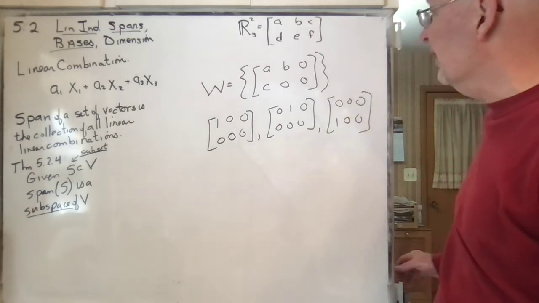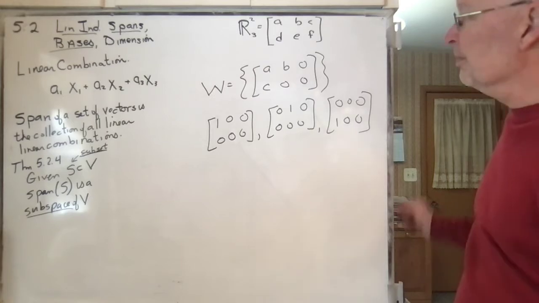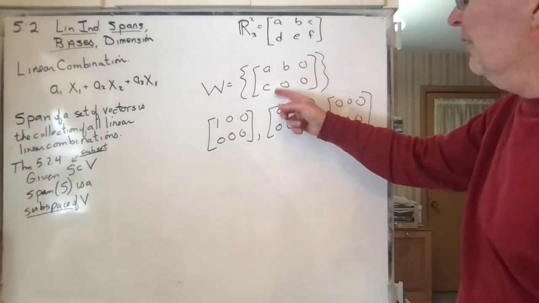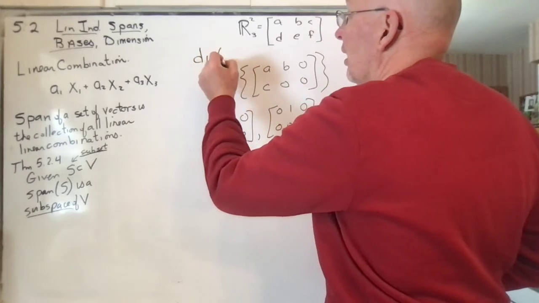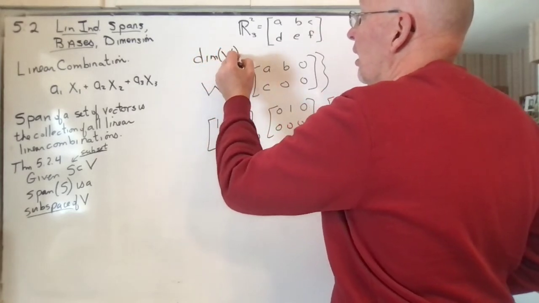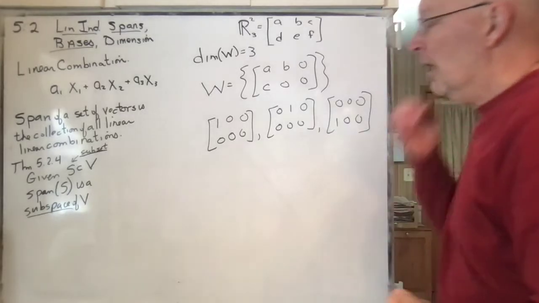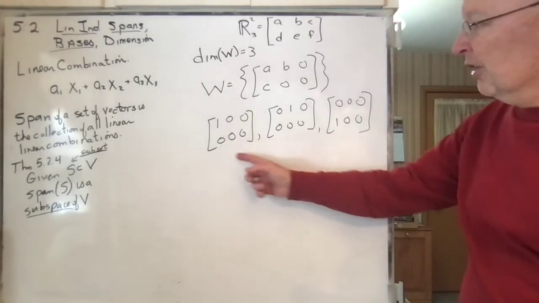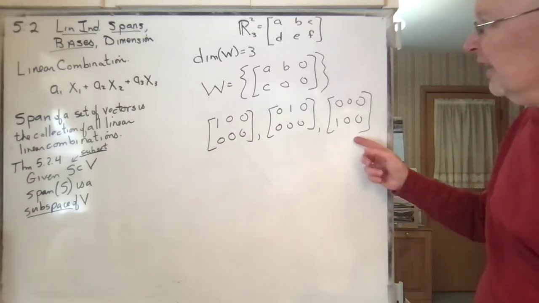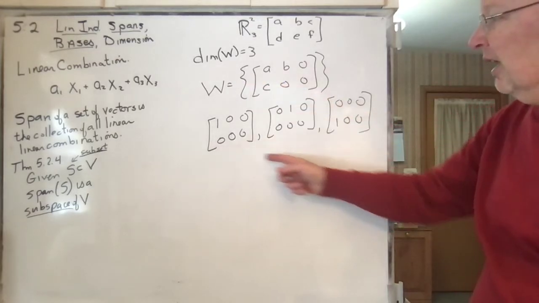So the key is the dimension of W is 3. So there's several things I know. I know that I'm going to need at least 3 vectors in order to span it. Okay?